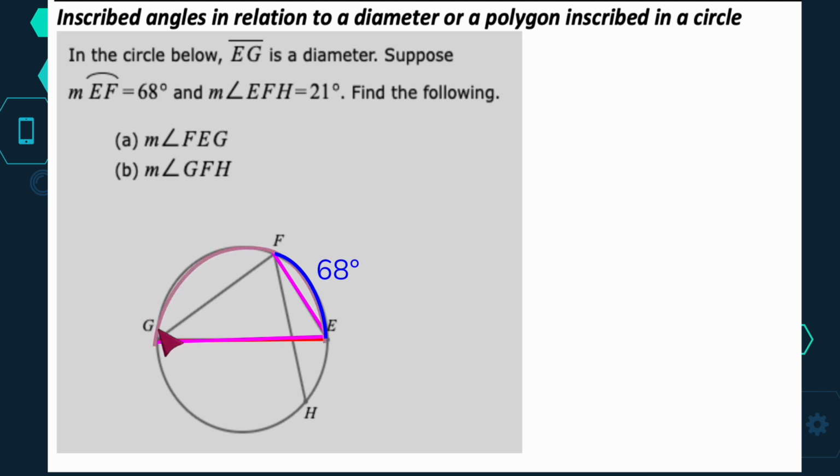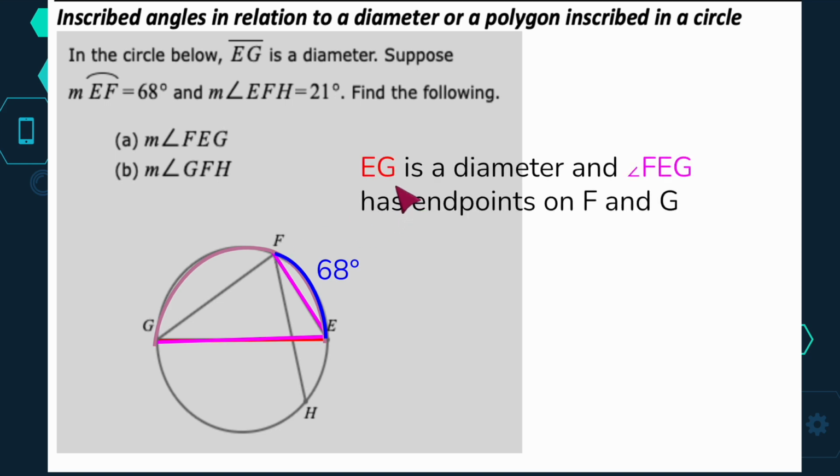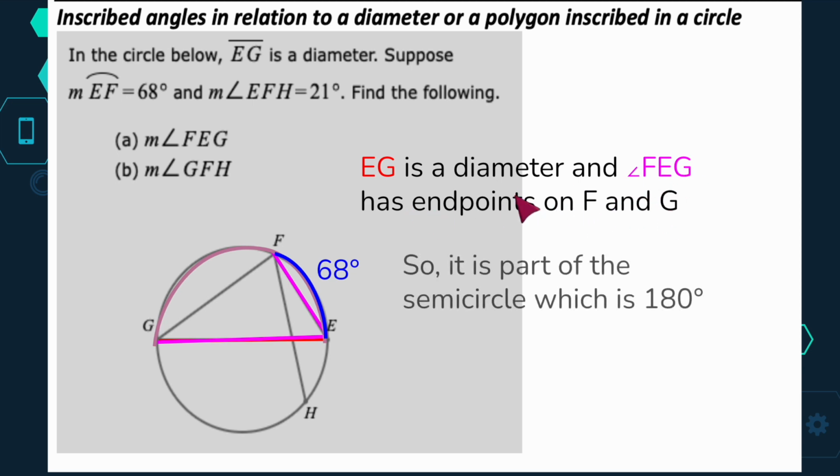So if I find out what the missing piece of my semicircle is here, the dark pink there, that will tell me my arc degree. Since EG is that diameter and FEG has the endpoints on F and G, we can use that semicircle. So we take the 180 degrees for the semicircle and subtract the 68 that we already know is part of that blue part that we don't want.